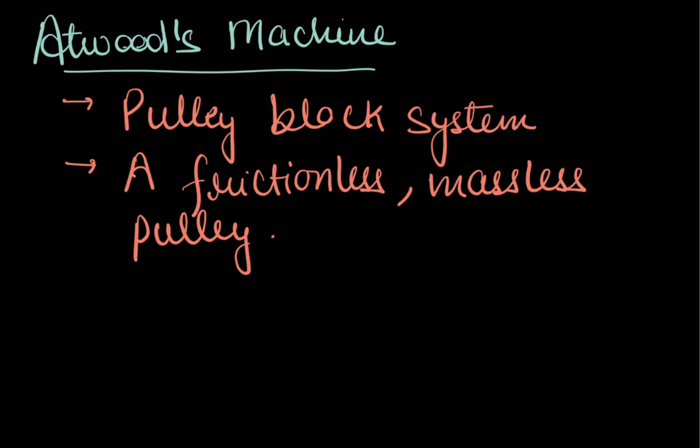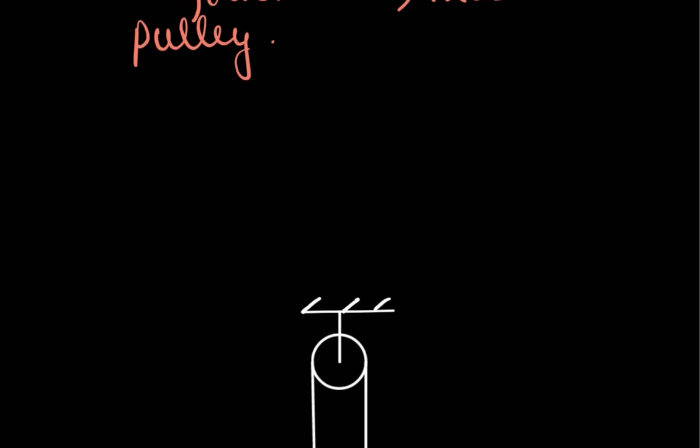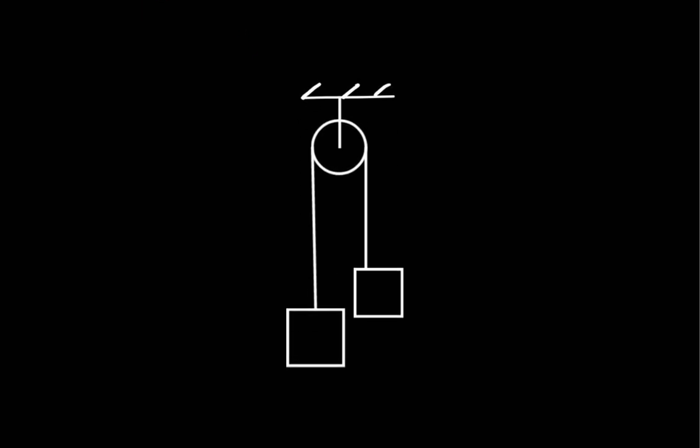Okay, so let's see the basic system. This is the basic system of masses. Let's say this is the pulley, and there is tension T in the string.